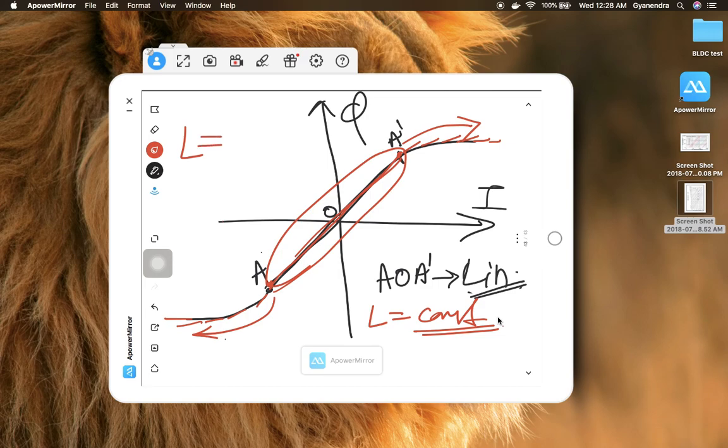The general expression for the inductance in this linear region is phi by I, where phi represents flux and I represents current. Take any coordinate in the linear region, the slope is (phi minus 0) by (I minus 0), because it passes through the origin, so it's nothing but phi by I.